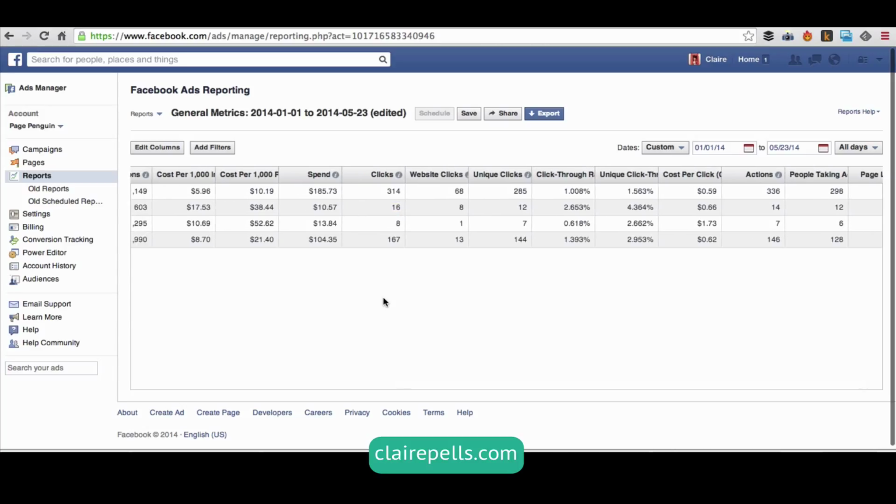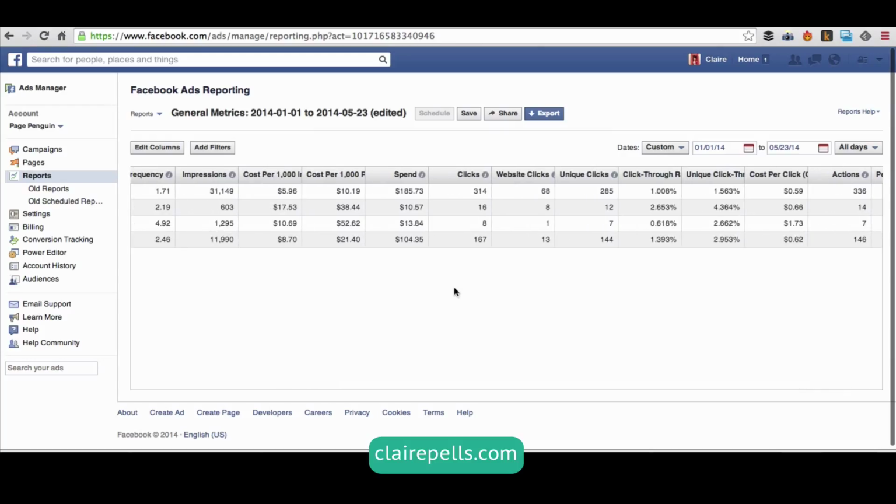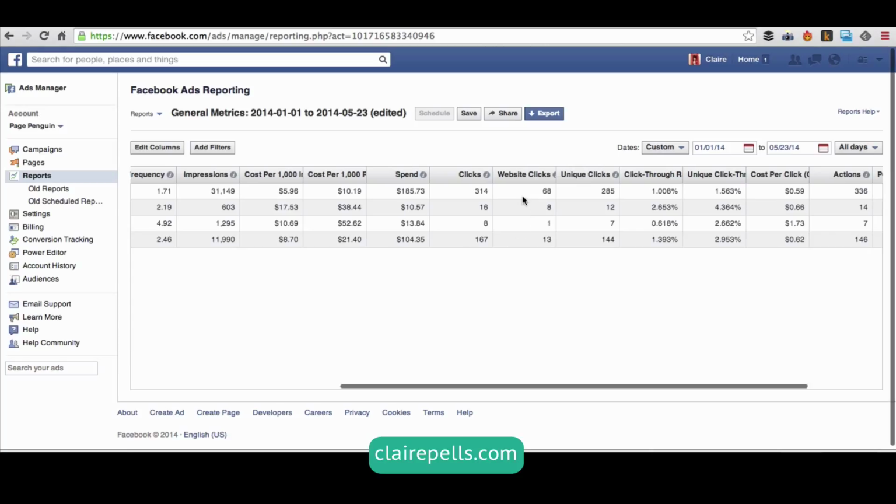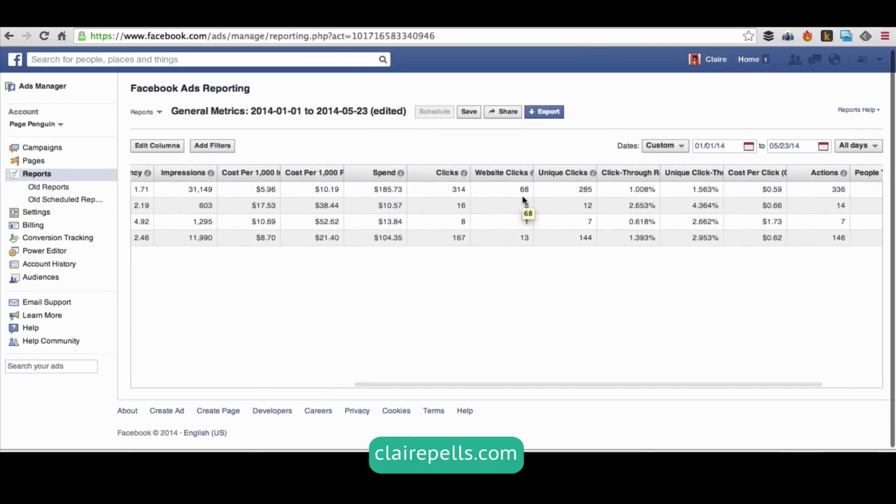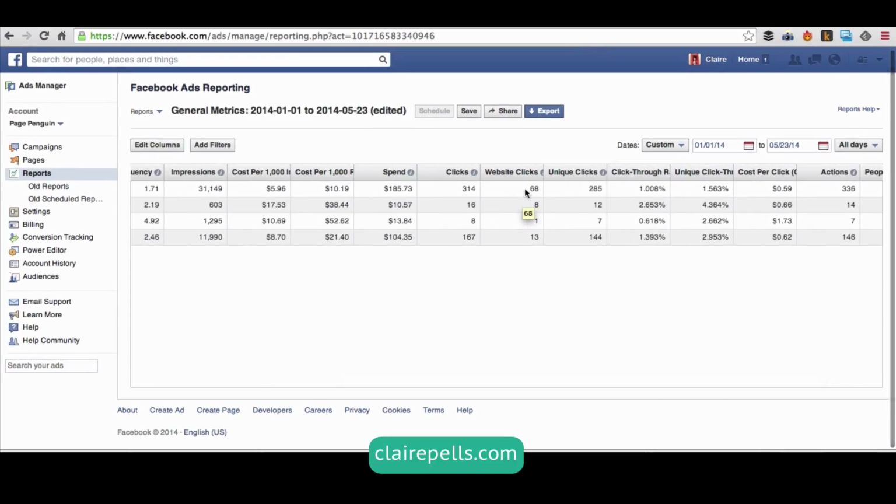But if we've got website clicks, a good number of them, but then you've only got one or two conversions, you need to look at your conversion rate. This is also something you can see in Google Analytics if you've got that set up, but you can do the math yourself. Now, if my friend got 30 conversions in this campaign, that would be great. That would be almost a 50% conversion rate.